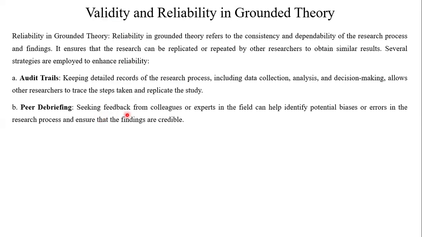It means seeking feedback from colleagues or experts in the field can help identify potential biases or errors in the research process and ensure that the findings are credible. So you need to have some peer debriefing. It means that you need to take expert opinion regarding whatever you have found, whether your results are consistent, whether your findings or interpretation.